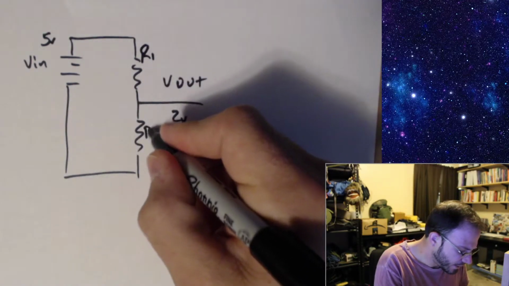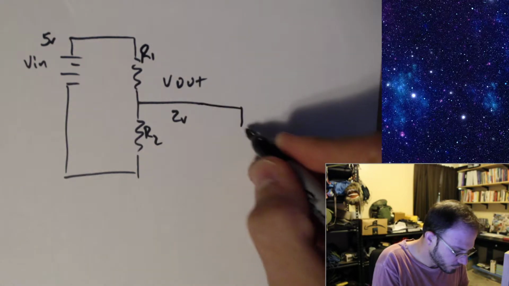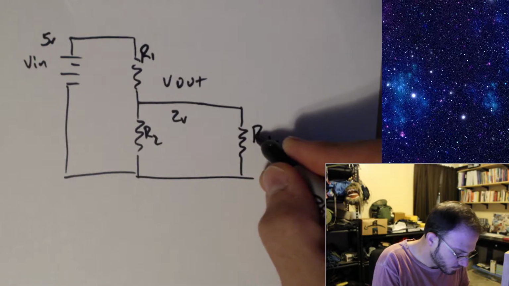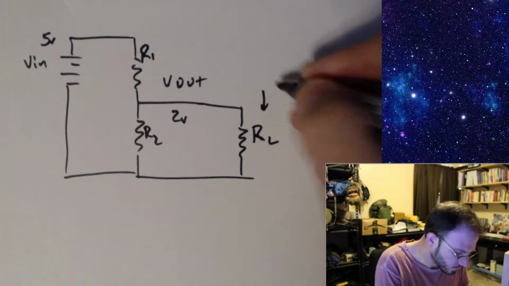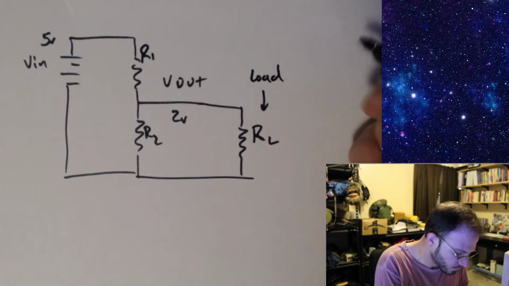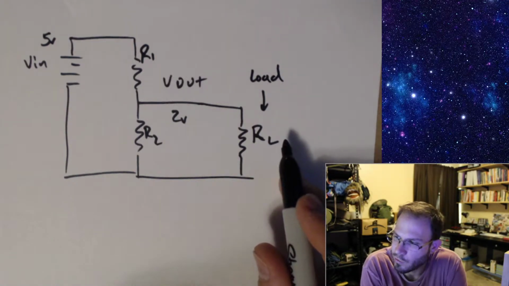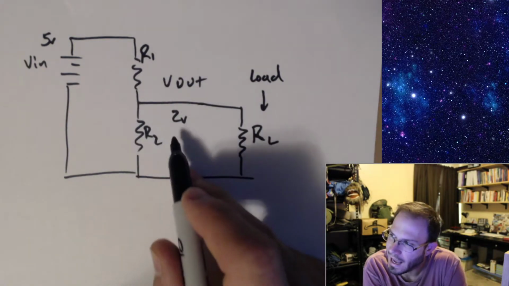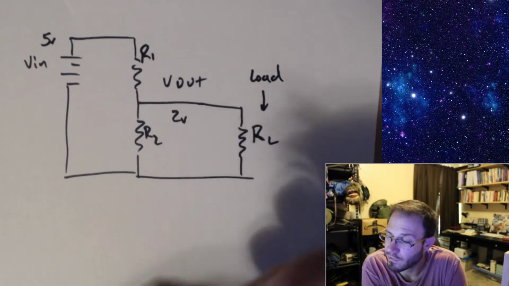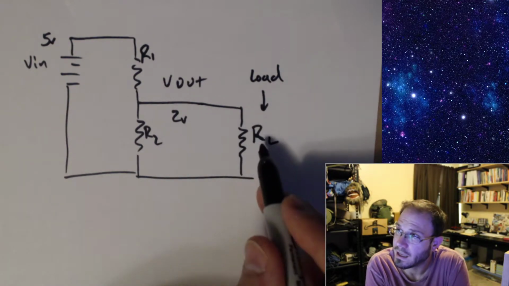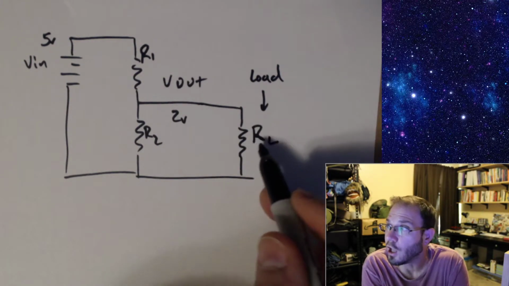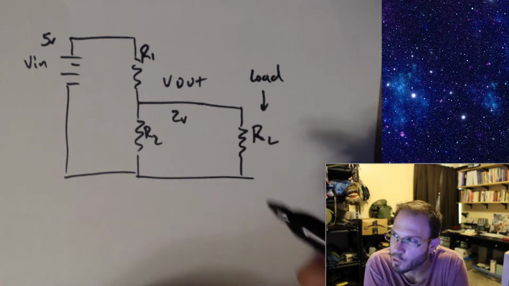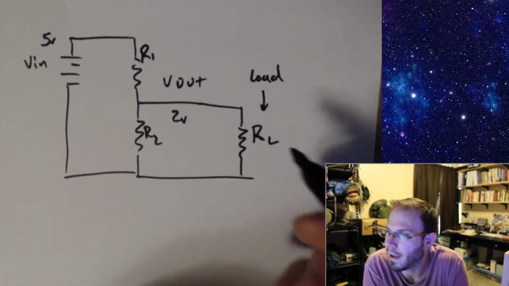If I attach something that's going to actually draw current from it, now our previous equation becomes not applicable, because now I have RL, the load, and when I use load, this is to signify something that is drawing a good amount of current.